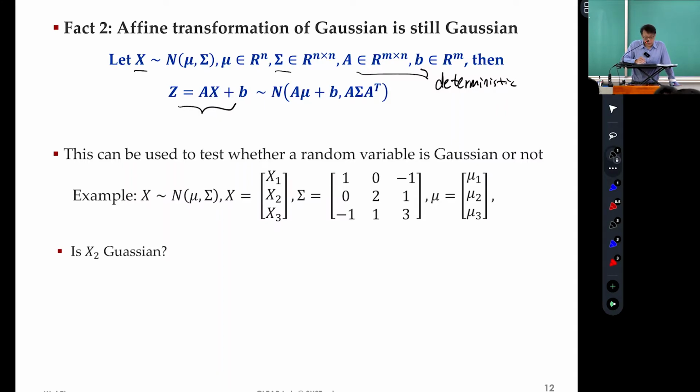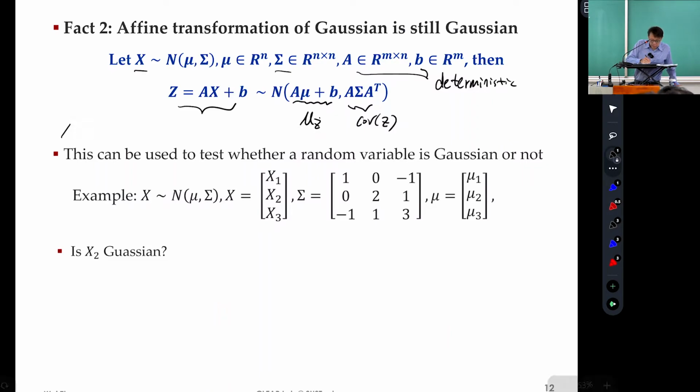If I define it this way, then Z is also Gaussian, where the mean of Z is A times mu plus b, and this is the covariance of Z. Actually, you can derive this right away.